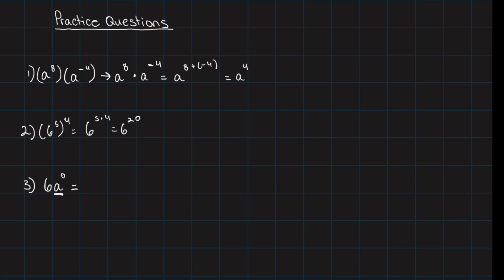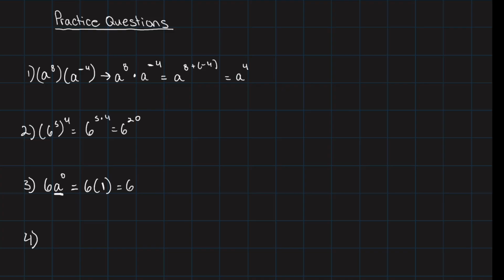But if it looked like this, that 0 would be applied to the 6 and to the a. So just make sure you're paying attention to that. So 6 times a to the power of 0 gives us 6 times 1, which gives us 6.